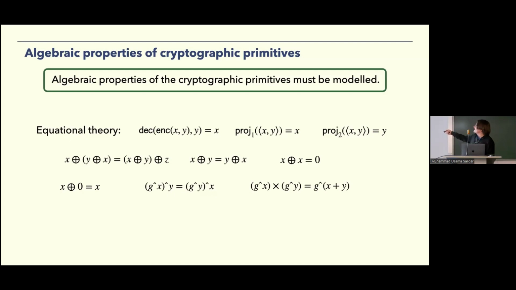For example, if you have a function that does a projection of a pair, you would say that if I try the first projection of the pair x, y, it should be equal to the term x. Okay?